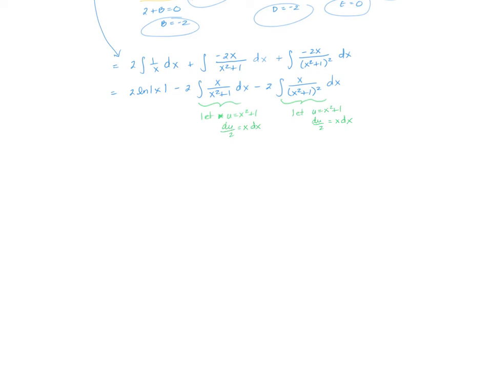And our integral would be negative 2 times, bring out the 1/2, integral of, this is my du, so it's going to be 1 over u du minus 2 times, bring out the 1/2, integral of 1 over u squared du.